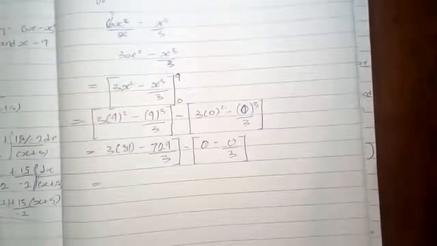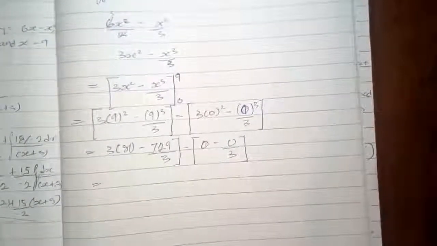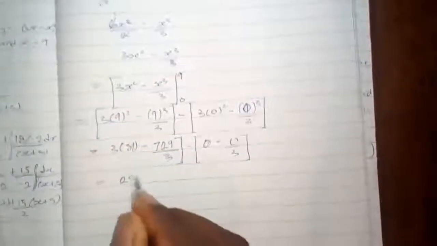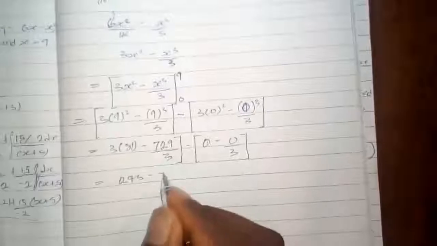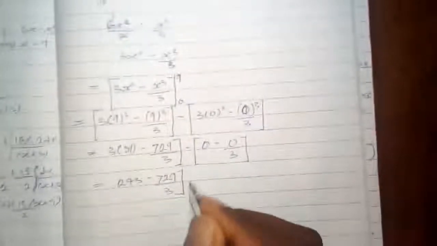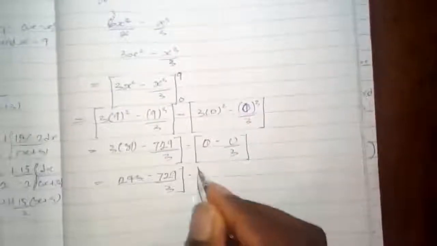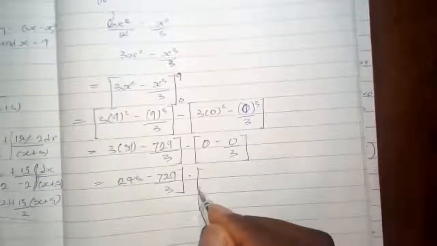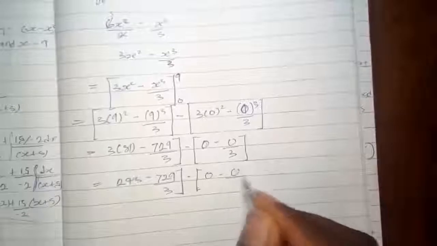So this is going to be equal to 243 minus 729 over 3, minus 0 minus 0 over 3.